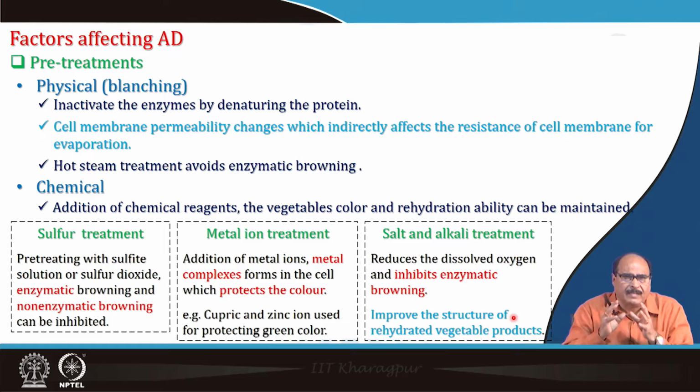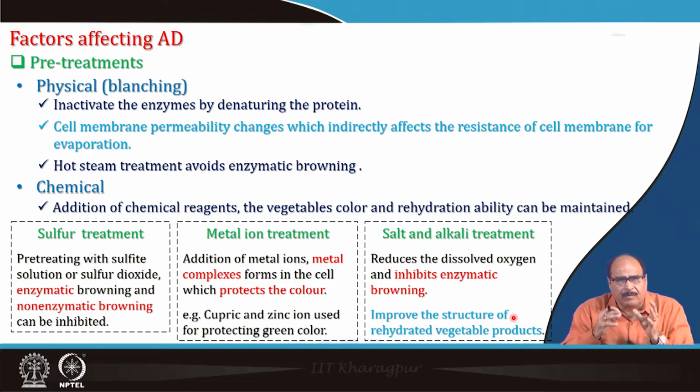So the parameters affecting the air drying may be physical parameters like pre-treatment, that is the blanching. We have earlier discussed details about the blanching because it is necessary to inactivate the enzyme. If the enzymes are not inactivated, it may cause browning and other problems during the drying process with the activation by heat.